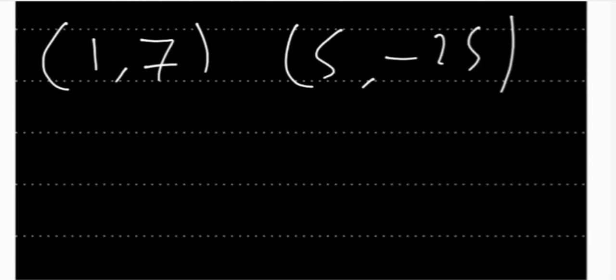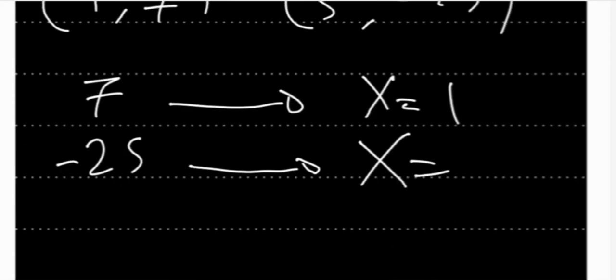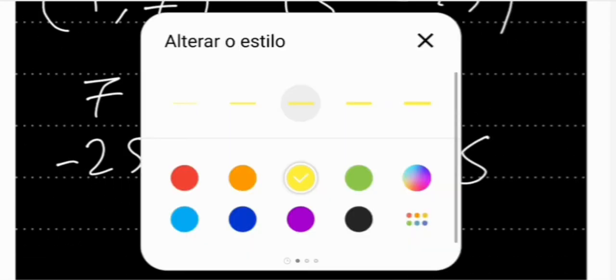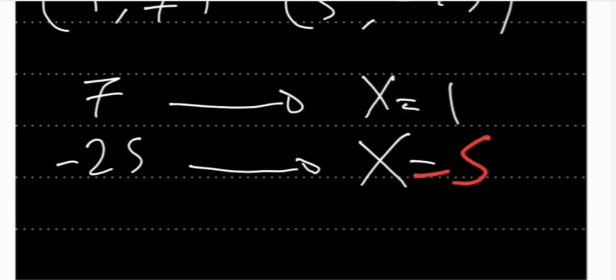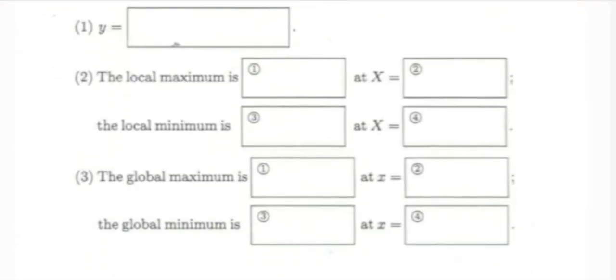So the local maximum is 7 when x is equal to 1. The local minimum is minus 25 when x is equal to 5. So this is our answer for question 2, the local maximum and the local minimum.